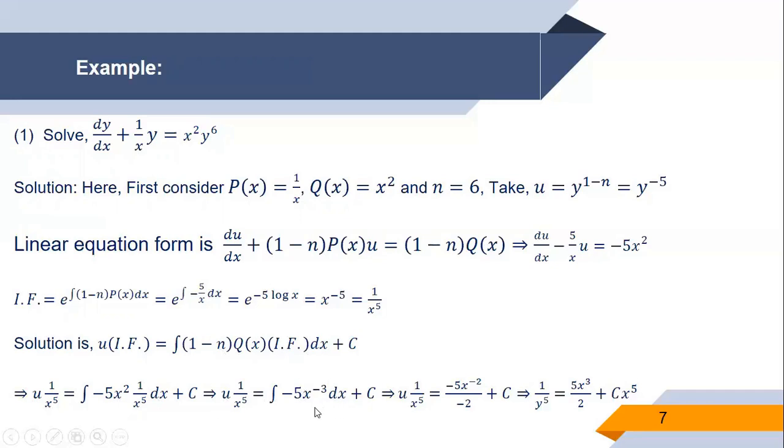And the integration of x raised to minus 3 is x raised to minus 2 divided by minus 2. Then we get 1 upon x raised to 5 into u is equal to this form. Now u is replaced with y raised to minus 5. So 1 upon y raised to 5 is equal to minus minus plus, so 5 by 2 x cube plus c x raised to 5 is the required solution.